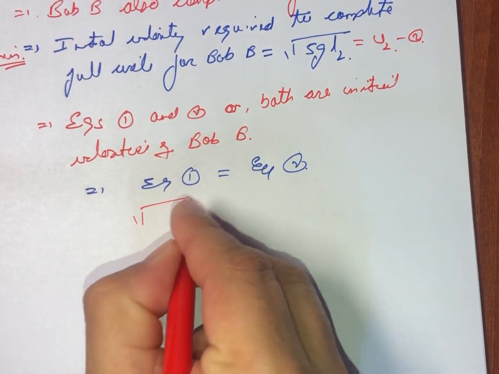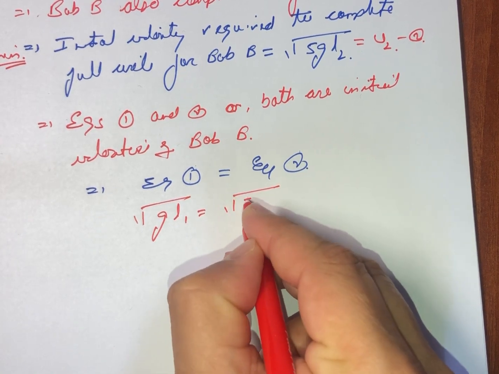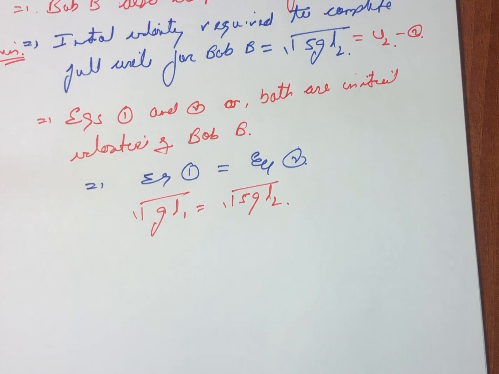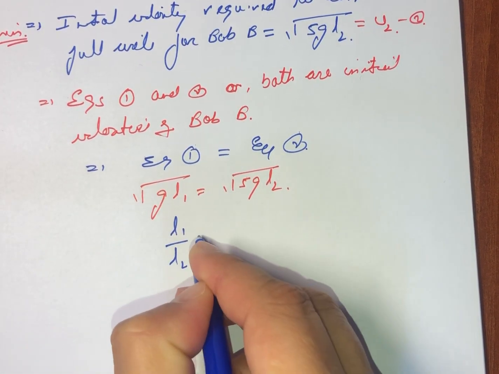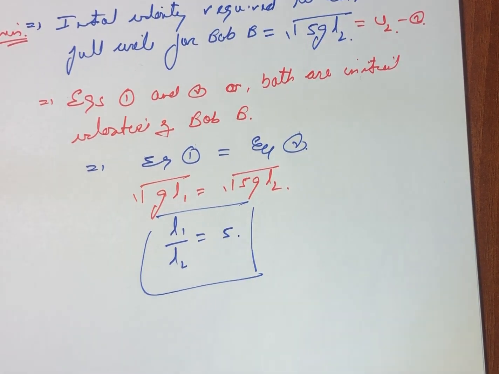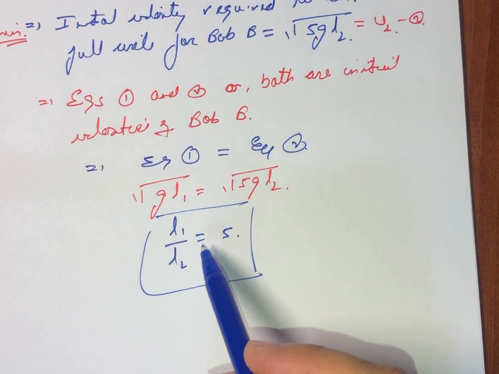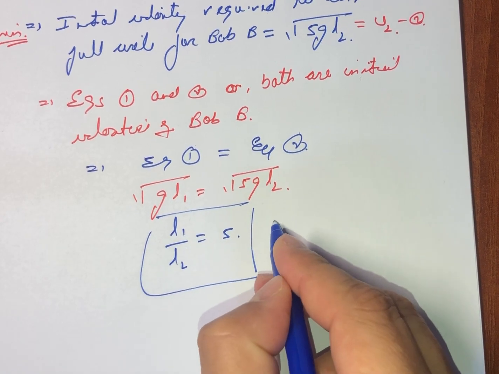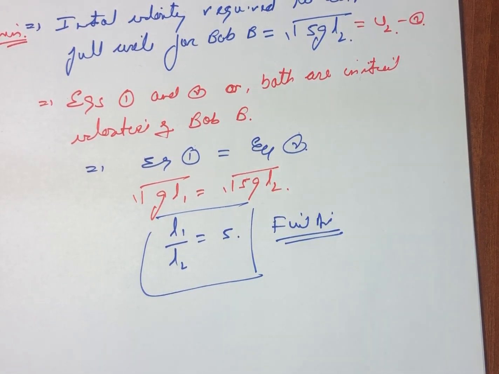From here, the square root of gL1 is equal to the square root of 5gL2, and we get the ratio L1 upon L2 equal to 5. So that was the requirement to find the ratio of L1 and L2, which is equal to 5. This is our final answer. Thank you.